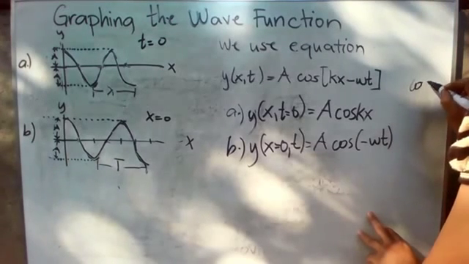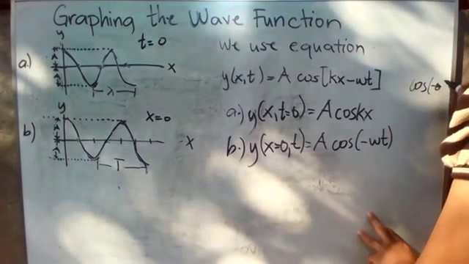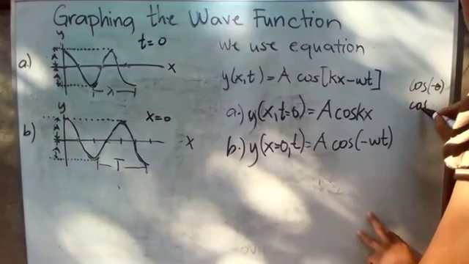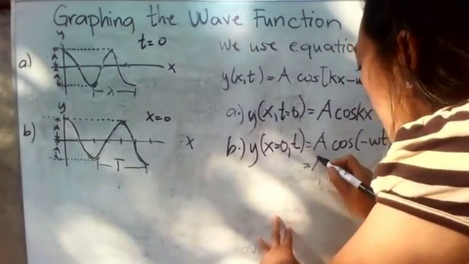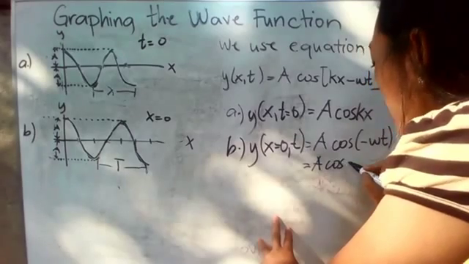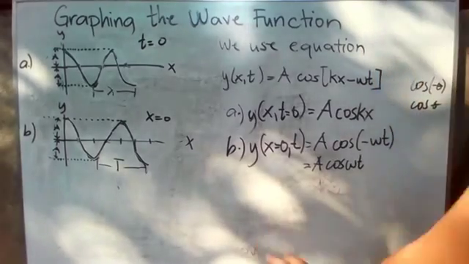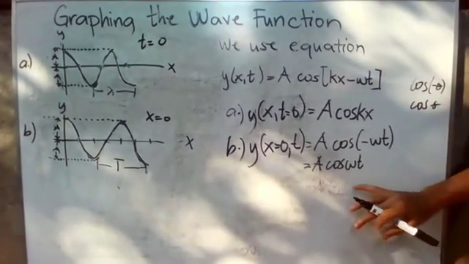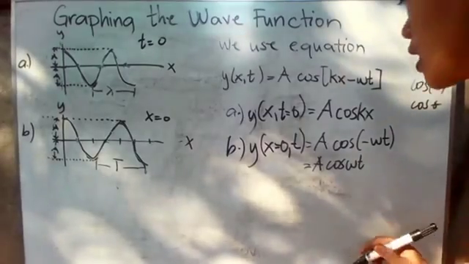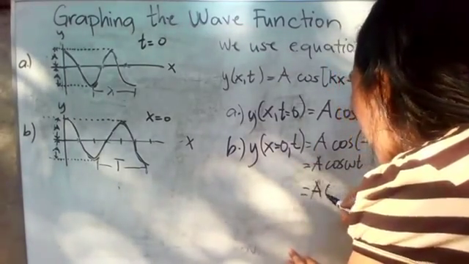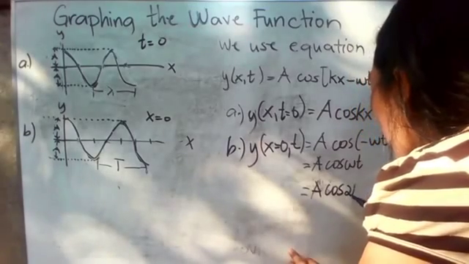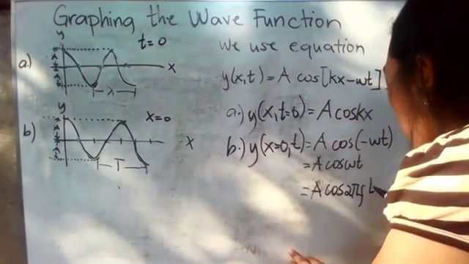Because cosine of negative theta is equal to cosine theta, we can write this as A cosine omega t. We can also express this angular frequency as 2 pi f t.